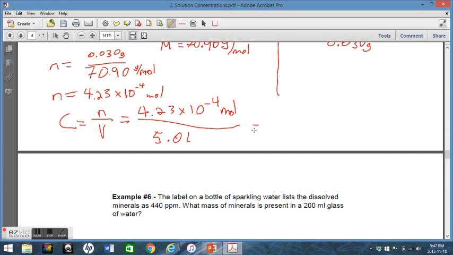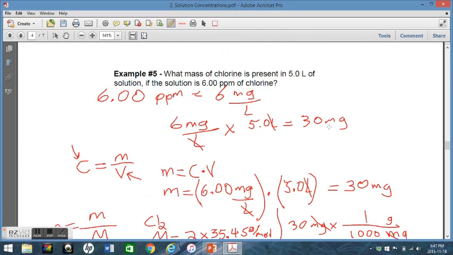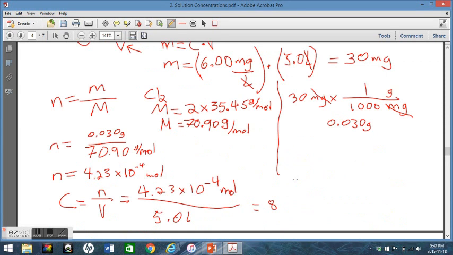That's going to be equal to, so divide that by 5, 8 point, and I look back and see here I have 2 significant digits, so 8.46 would round to 8.5 times 10 to the negative 5 moles per liter.